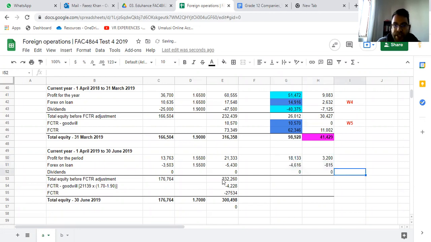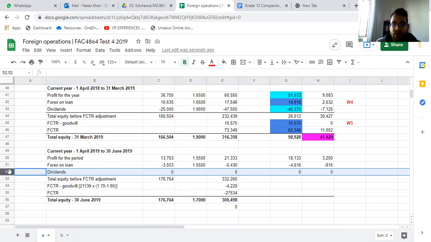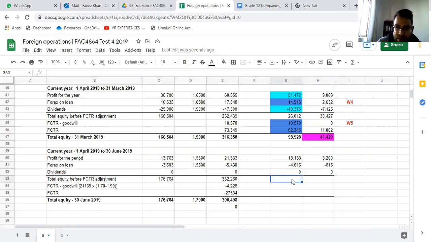Take note, you don't have to have the dividends line item. I just brought it in for completeness purposes. So if I add this up, our equity would be that. That would be this.